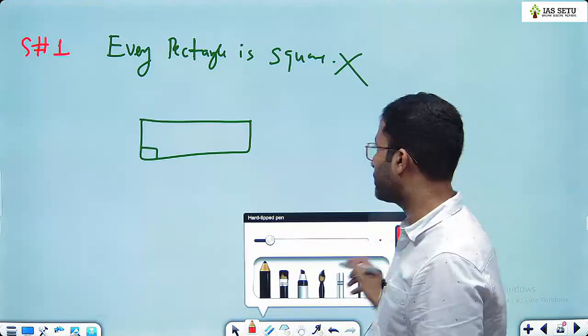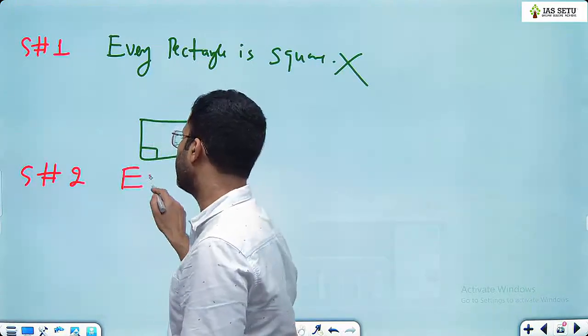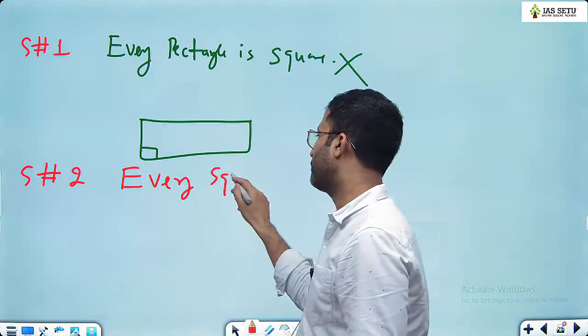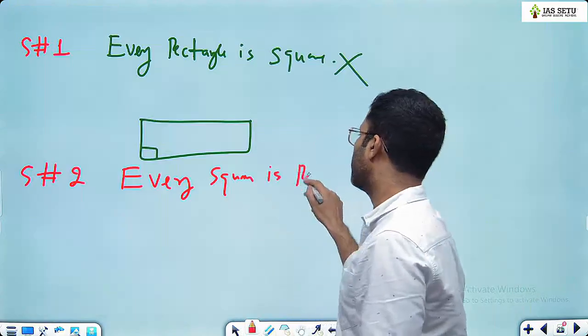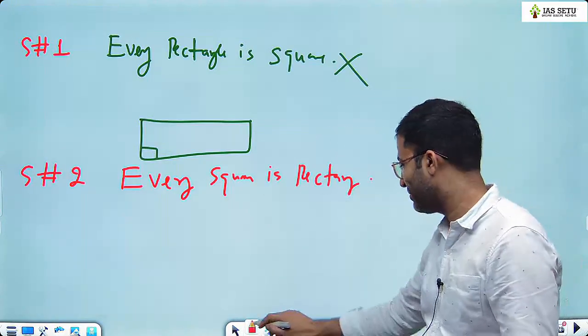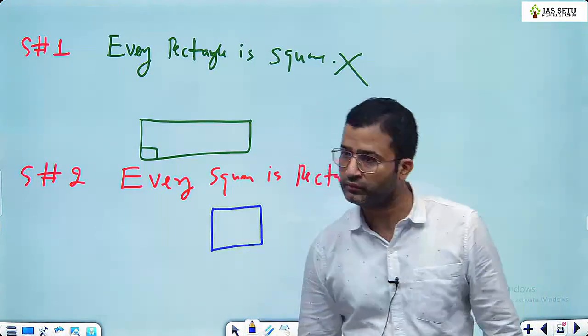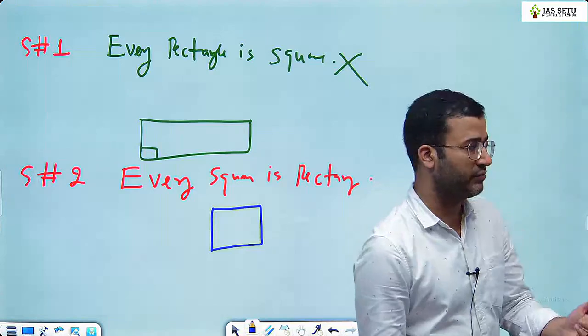Then I give you statement number two: every square is a rectangle. Correct or wrong? You said correct. Here this is a square, but it is a rectangle as well. Why?